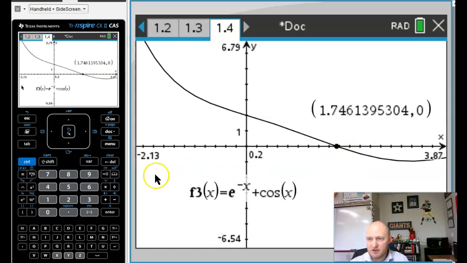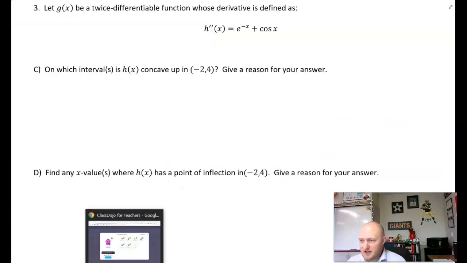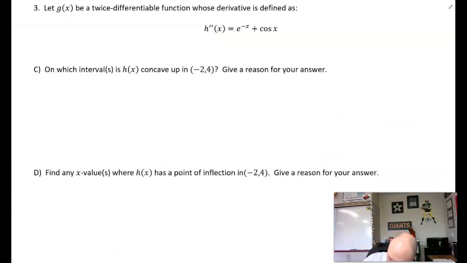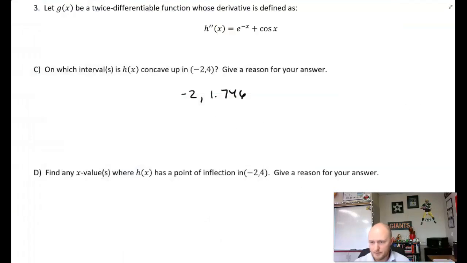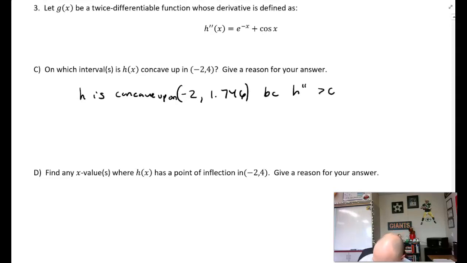Okay, 1.746, and so we have -2 to 1.746. Okay, and we can say h is concave up on that interval because h double prime is greater than 0.